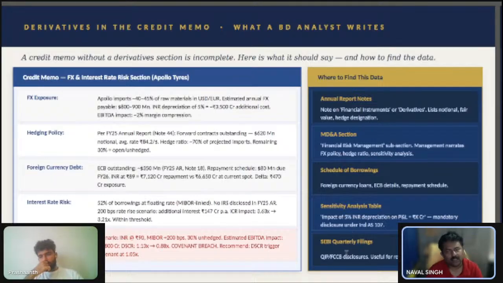And the quarterly filings from SEBI. Whenever they have any kind of material risk to the operations of the company, as defined or identified in the annual report, they disclose it to SEBI.